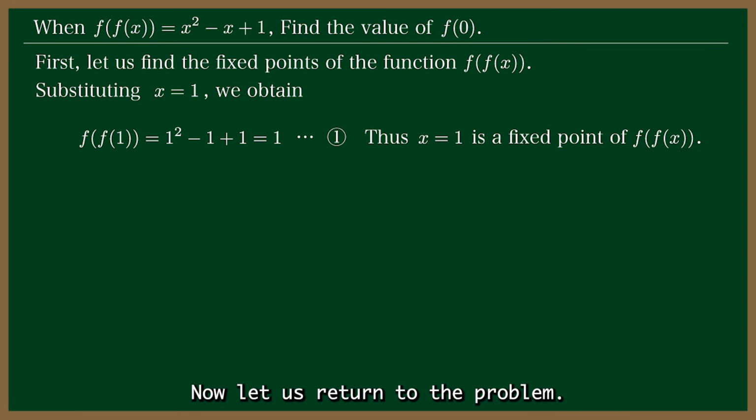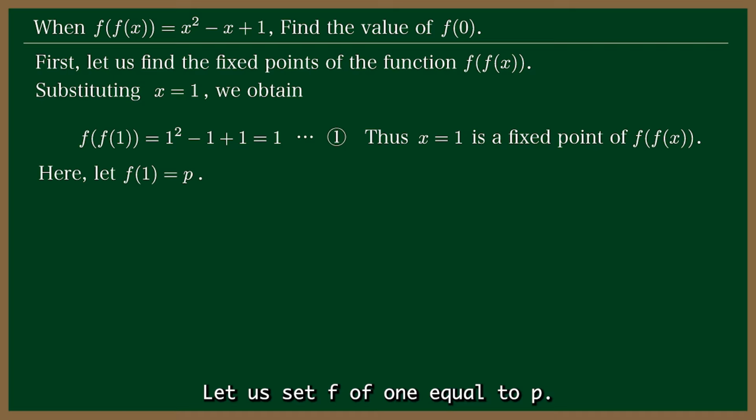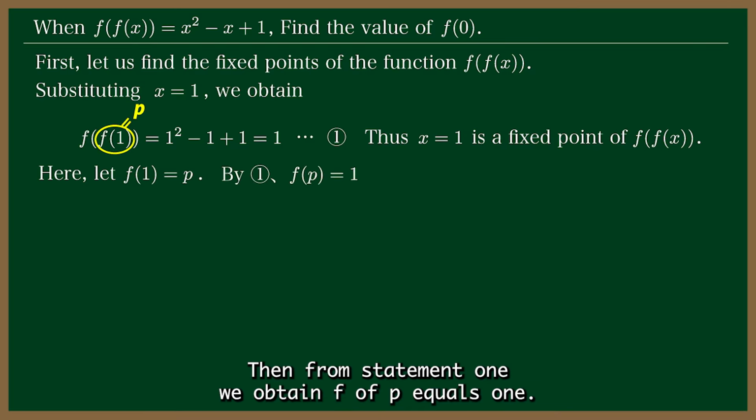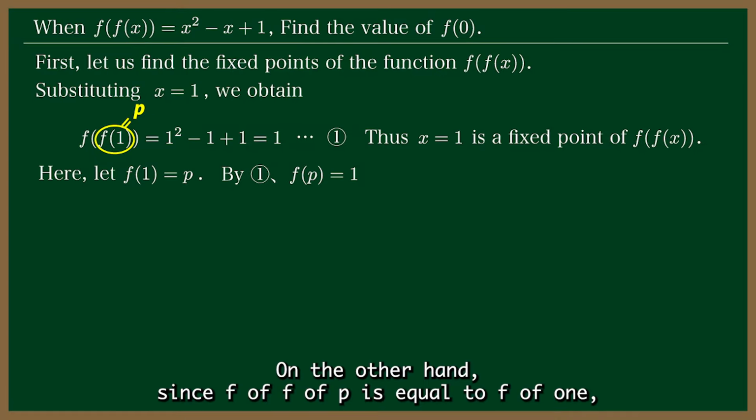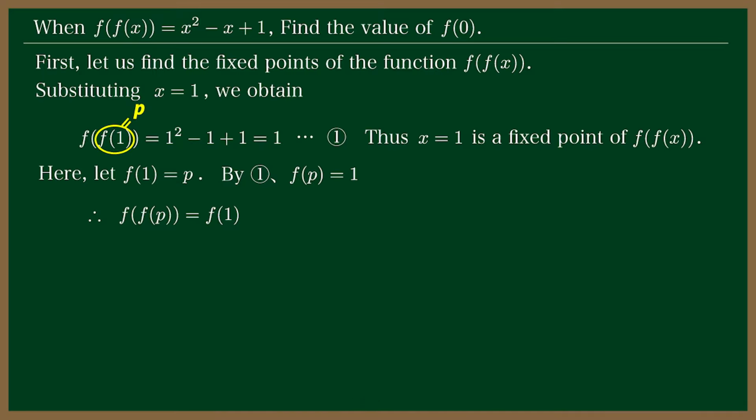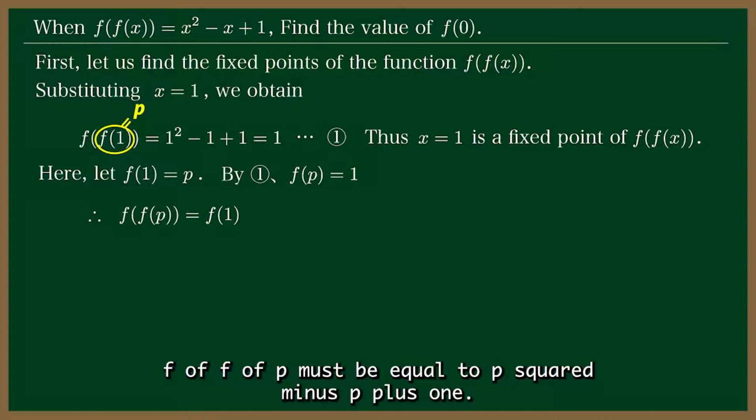Now, let us return to the problem. Let us set f(1) equal to p. Then, from statement 1, we obtain f(p) equals 1. On the other hand, since f(p) is equal to f(f(1)), f(f(p)) must be equal to p squared minus p plus 1.